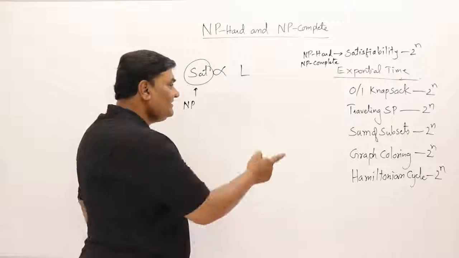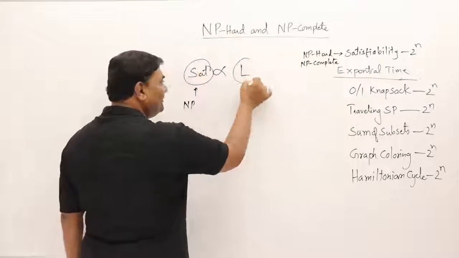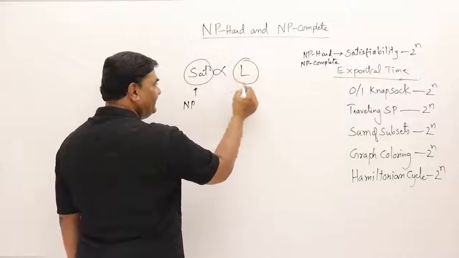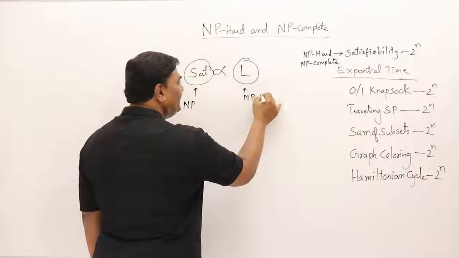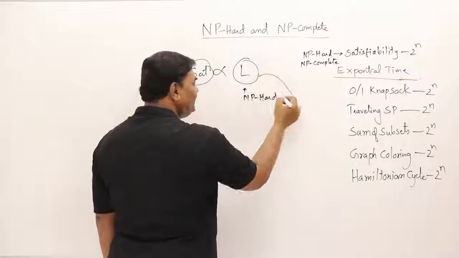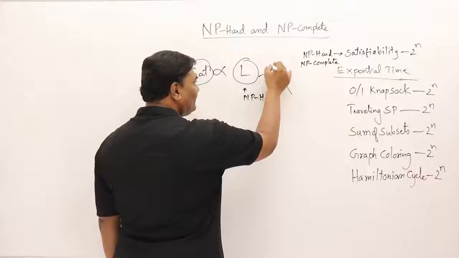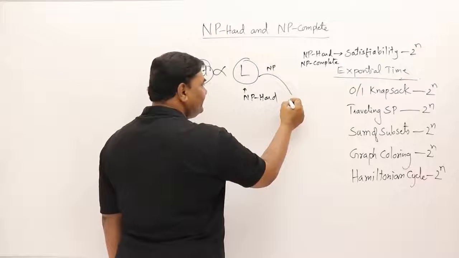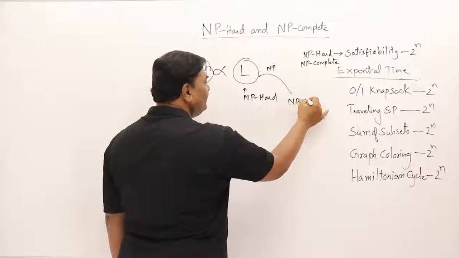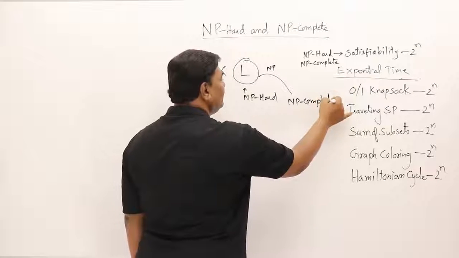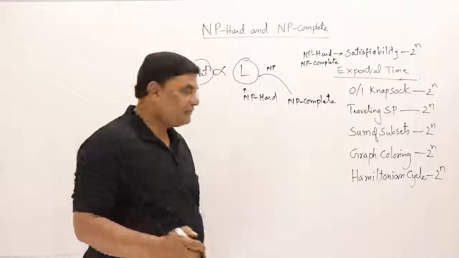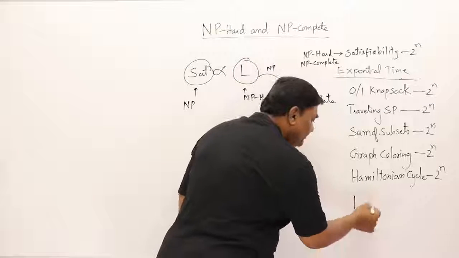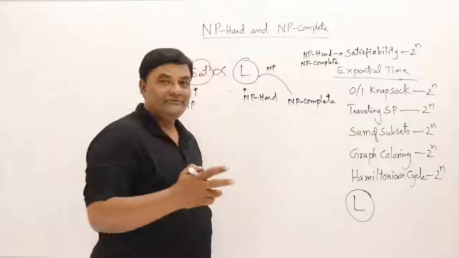So for any of these problems, if the problem is reduced from satisfiability, it is NP hard. And if you write a non-deterministic polynomial time algorithm for this one, then it also becomes NP complete. So for doing research work on any problem, you have to do two things.